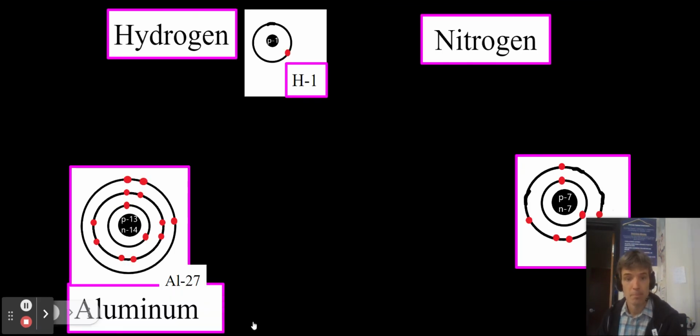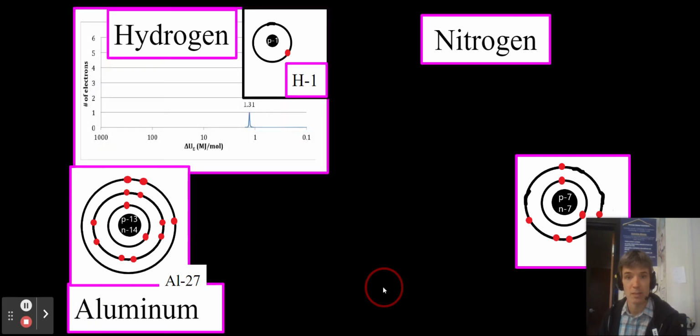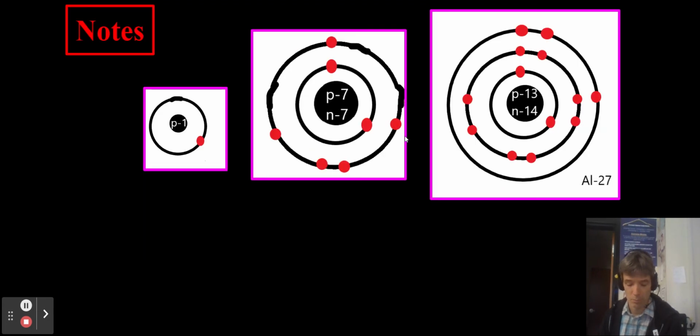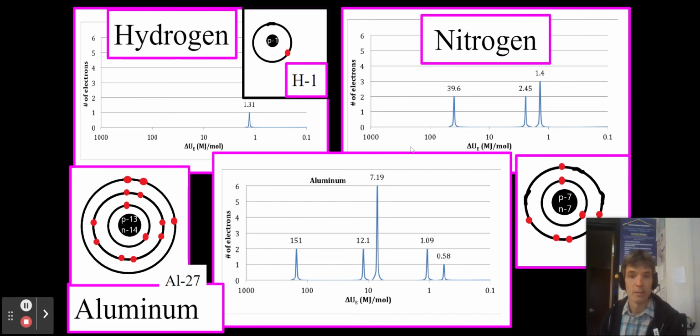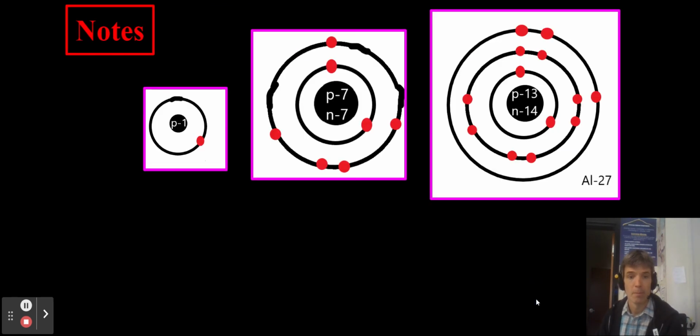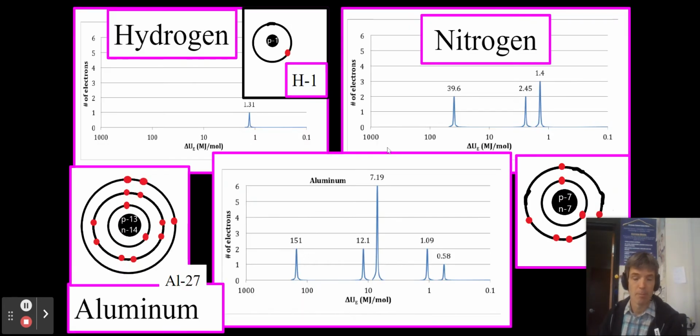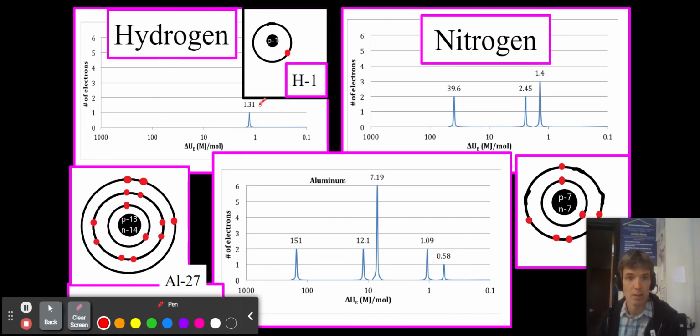Now, to account for differences in these diagrams, here is aluminum, these 3 elements: aluminum, hydrogen, nitrogen. You'll notice that this is the 1s, that's the 1s, and that's the 1s.